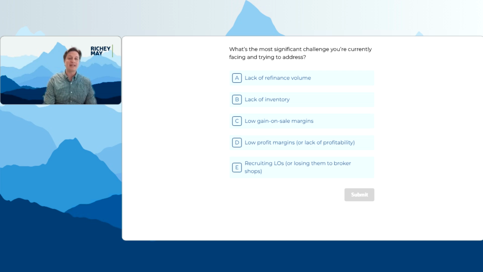Option B is a lack of inventory. Option C would be low gain on sale margins. D would be low profit margins or a lack of profitability. E would be recruiting LOs or losing them to brokers. So here's several options. I'm sure there's maybe even more, but these seem like the big ones from our perspective.